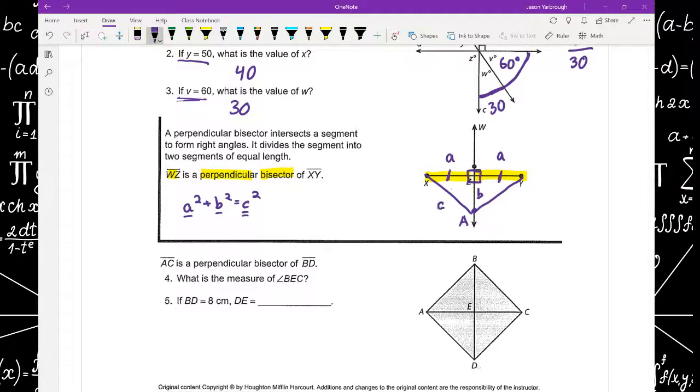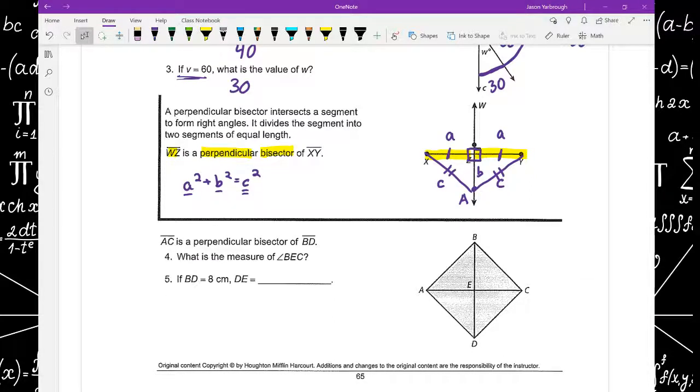So both of these would have to be c, meaning that is a quick little proof showing why this works. But basically, if you have any point that's on a perpendicular bisector, the distance from that point to the endpoints, no matter where it's at, is the same on both sides. So we're going to apply that to this next problem here.